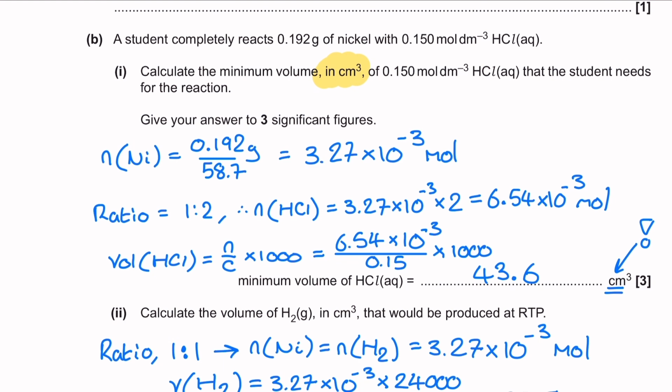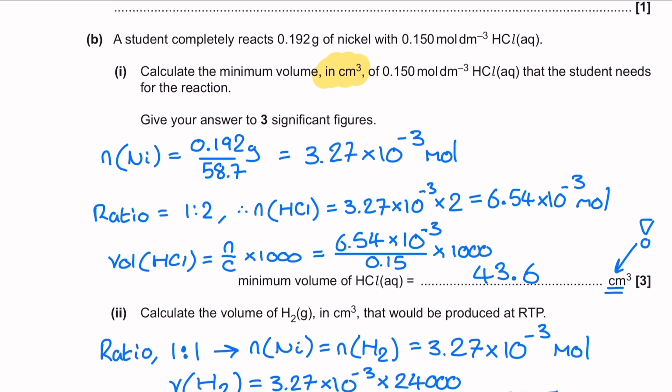Now I've highlighted the in centimeters cubed a bit here because it's going to be important a little bit further into the calculation. This is a really typical 3-marker on amount of substance. This is the kind of thing you can anticipate in the Depth in Chemistry papers and also in your second year A-level papers, a good, unstructured, can you figure out what you're meant to do with the balanced reaction equation style amount of substance scenario.